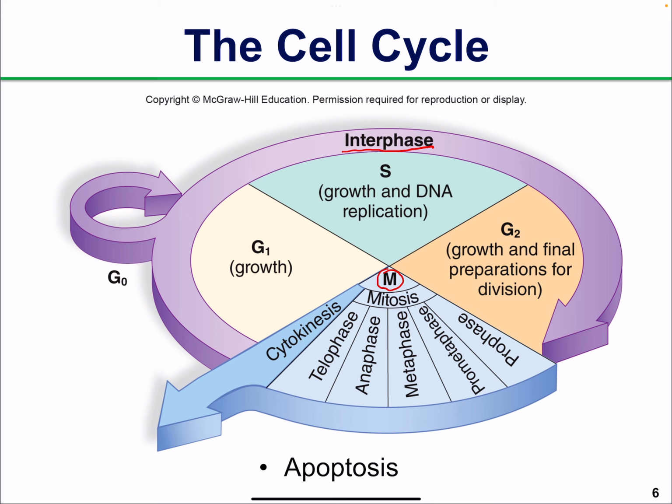The interphase, as you can see in this graphic representation, is the longest phase during the cell cycle, right? That phase actually lasts about 90% of the time of a cell during the cell cycle, while the mitotic phase, the M phase, lasts about 10% of the time.